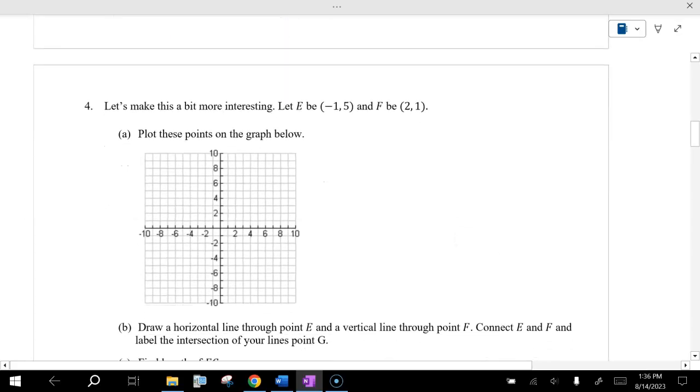Here we have a point E, which is at negative 1, 5. So this is getting a little bit more interesting, and I'll show you why. Because point F is at 2, 1. And so we don't just have a horizontal or a vertical line like we did before. Now we have this slanted line, and we've got to figure out how we're going to find the length of that.